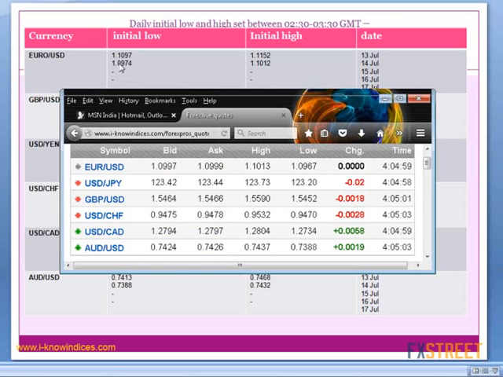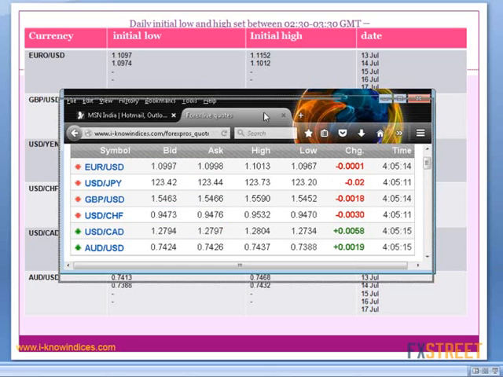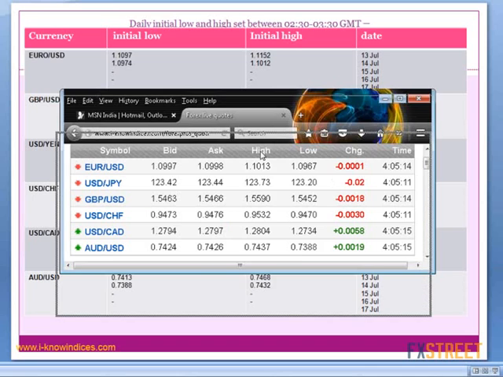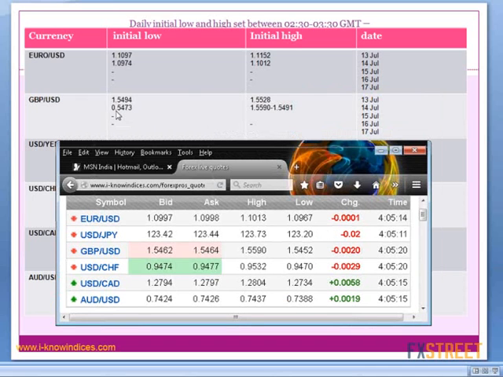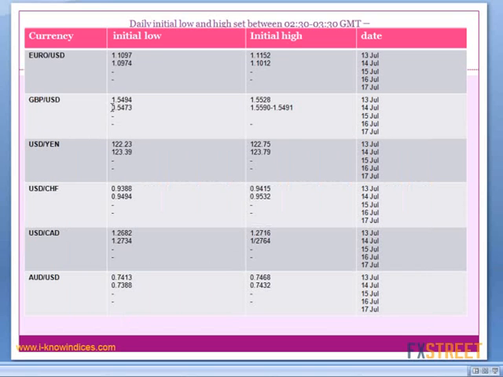They breached the low briefly by about 7 pips, and the high by 1 pip. So they have just done either-way stop-ins and widened the spread. And in the case of GBP, they just breached the low 1.5473.